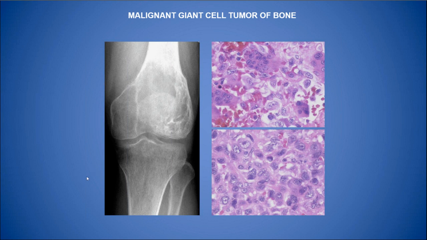And on histology, you see frank nuclear anaplasia in the mononuclear cells. The giant cells will still remain with a benign appearance, but you see very large vesicular nuclei, prominent nucleoli, tons of mitoses, necrosis, and sometimes the tumor may have the appearance of an osteosarcoma or an undifferentiated pleomorphic sarcoma.